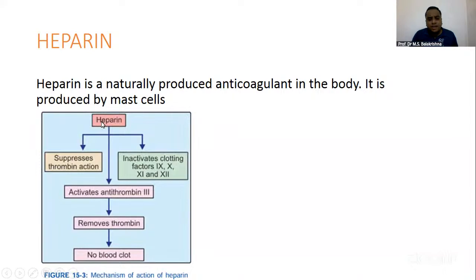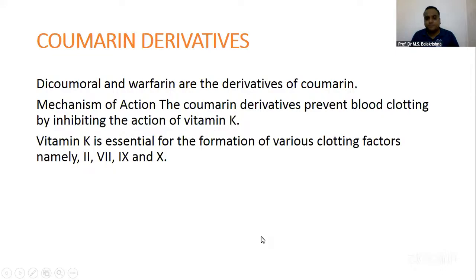So the heparin gets activated, released, then the suppression of thrombin action takes place, and then it activates antithrombin 3. This is against the clotting. So whatever you have studied in clotting, it is the reverse of that. It removes thrombin. There, thrombin formation was there. Here it removes thrombin and there is no blood clot. So blood always will be in the liquid state.